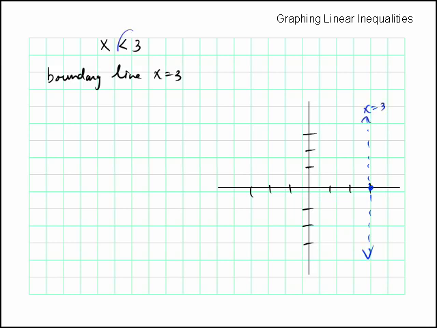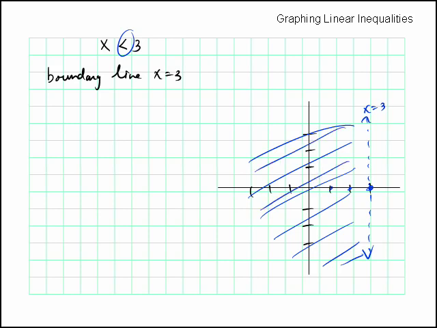And this one, because of that, is a dotted line. Now, which side do I shade? It tells us x is less than 3. So which side would have x values less than 3? Well, this is x is 2 and 1. These are less than 3. And so I would shade the left side. And we have it graphed.